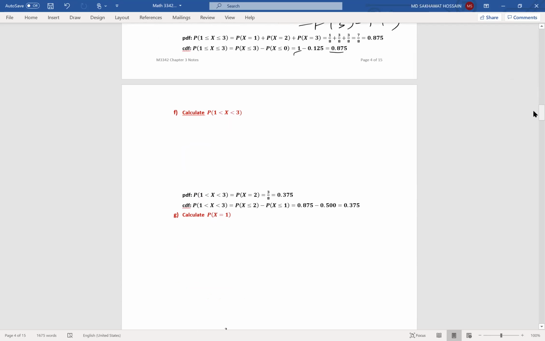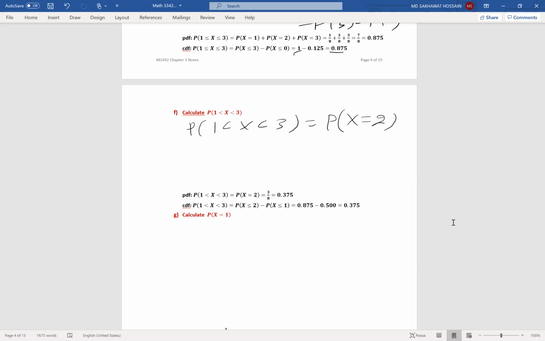Okay, so now we have the probability where x is strictly between 1 and 3. That means you have to just consider the numbers which are only between 1 and 3. So here we have 1 less than x less than 3. We have just one value of x which is between 1 and 3, right? We have just 2, which is strictly between 1 and 3.